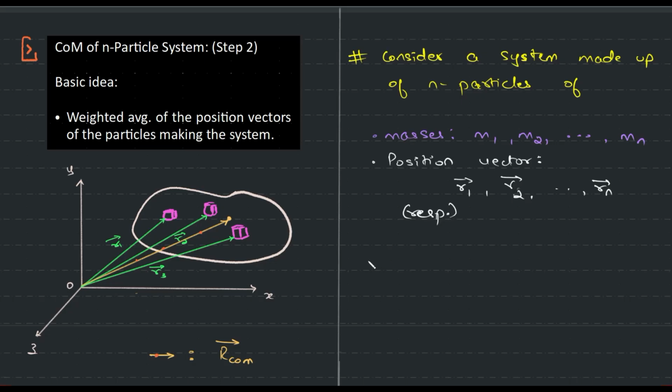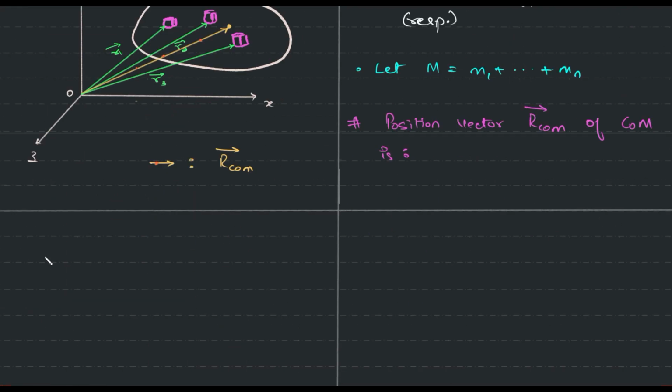Now we'll also talk about, let capital M be the sum of all the masses. So in this case, the position vector of your center of mass is going to be, so it's the same thing again and again.